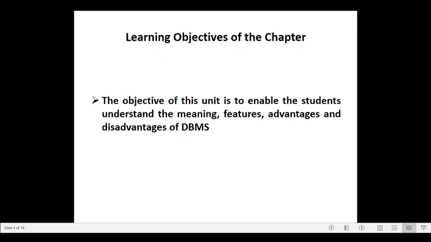The learning objective of this session is to enable the students to understand the concept of database management system, the features, advantages and disadvantages of this database management system.